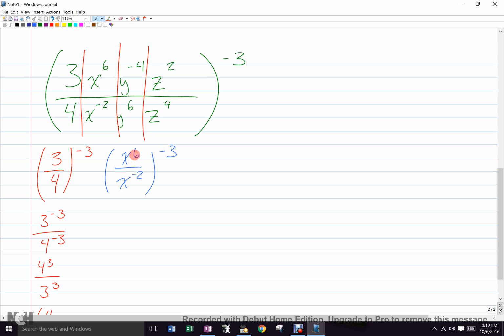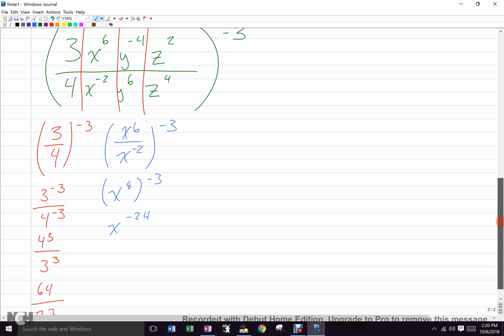It's 6 minus negative 2, which is 8. So this is x to the 8 to the negative 3, which is x to the negative 24. Where do negatives go?